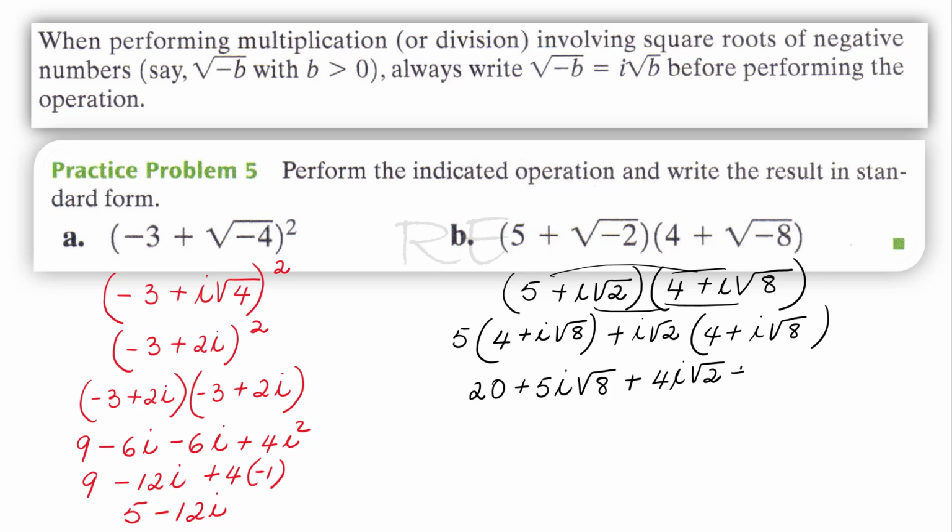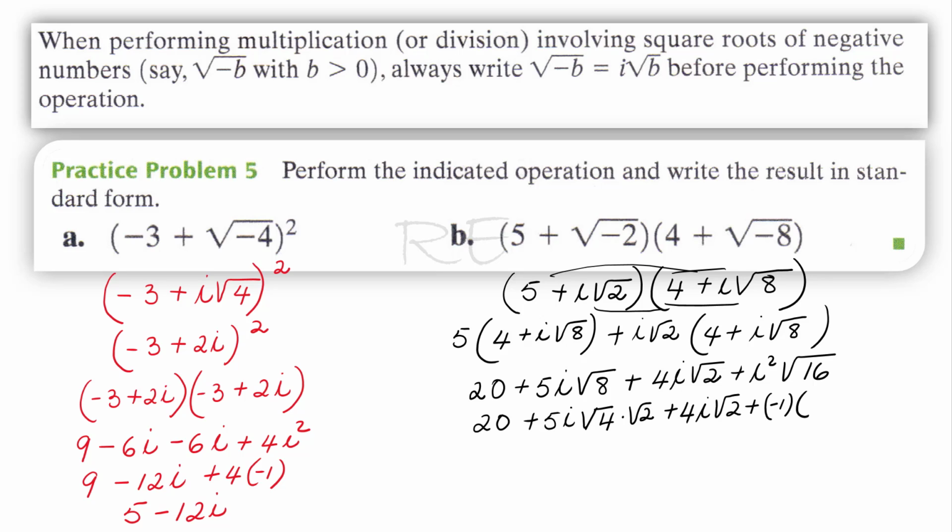And i square root of 2 times i square root of 8 is i squared, 2 times 8 is 16, square root of 16. So 20 plus 5i, and 8 is 4 times 2, so 5i square root of 4 times square root of 2, plus 4i square root of 2. And i squared is negative 1.